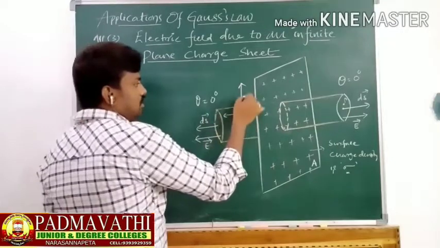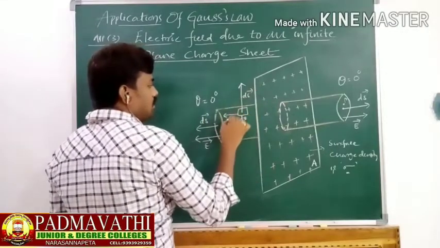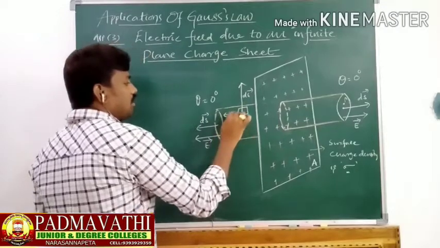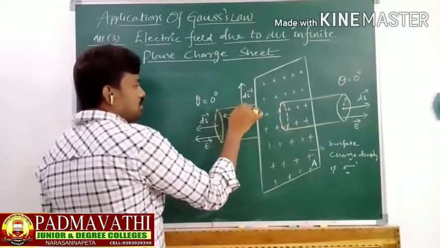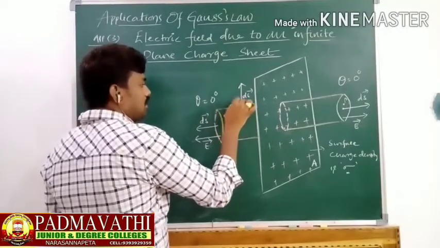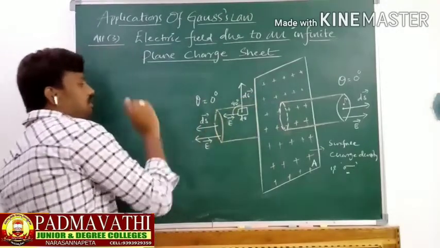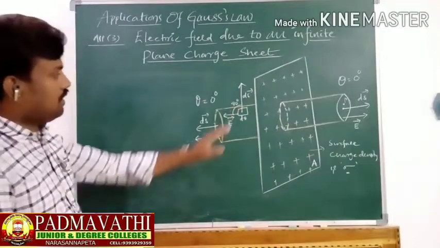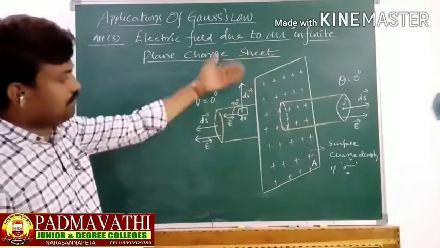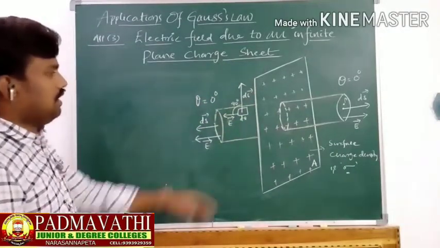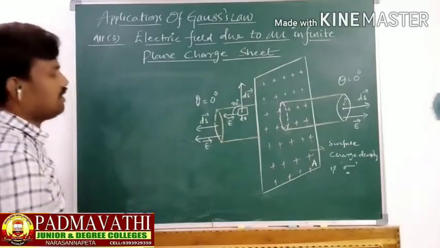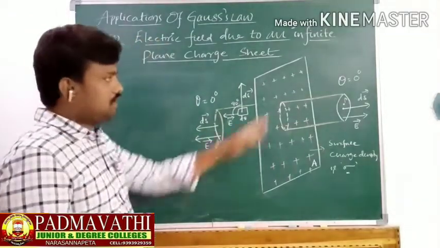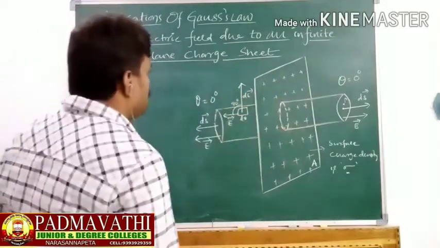So then dS bar and E bar will be perpendicular to each other. So the angle between these two is 90 degrees. Then we can calculate the net flux coming out of this sideways surface of the cylinder later. So let us calculate the total flux that is emerging from this particular charge sheet with the help of Gauss law.